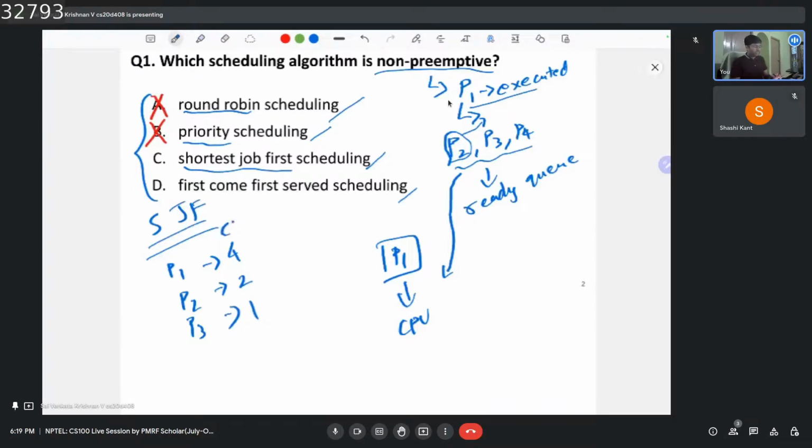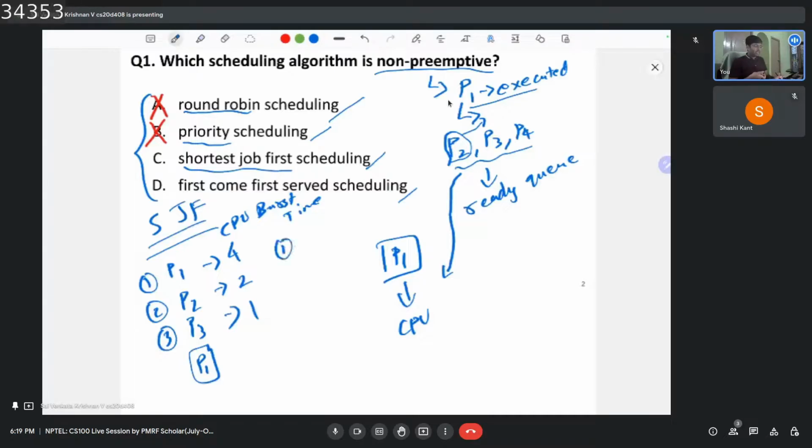So this is the CPU burst time, and the arrival is in this following order: P1 followed by P2 followed by P3. So this is the arrival order, and now first P1 gets scheduled onto the CPU and starts execution. And now when P2 arrives, the shortest job first scheduler can be of two types.